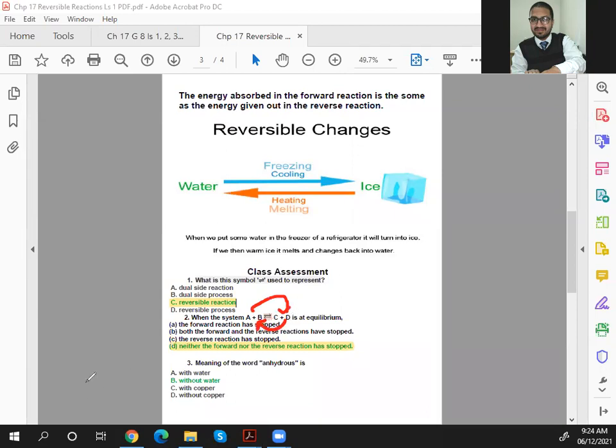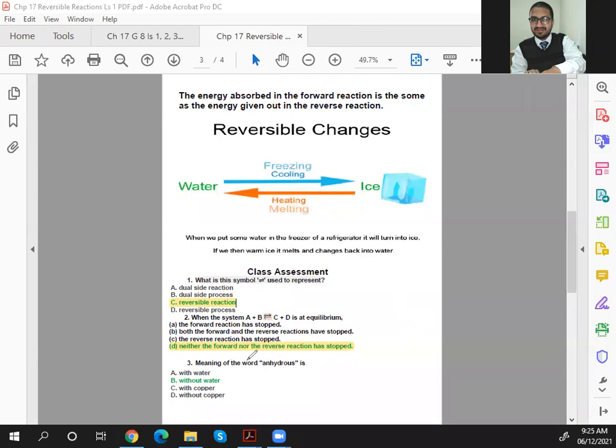So neither the forward nor the reverse reaction has stopped, because when you get product, they convert back into reactants. When you get reactants, they again give you product. Easy? Yes. Okay, now let's come to question number 3.